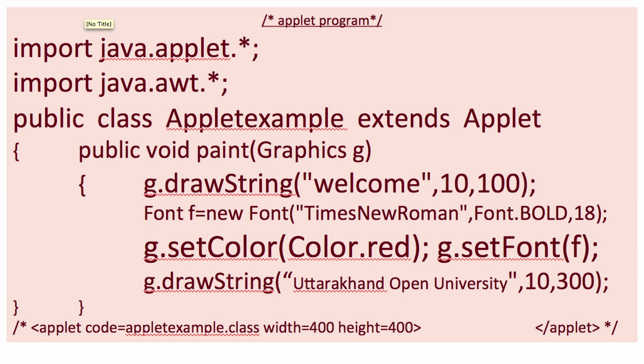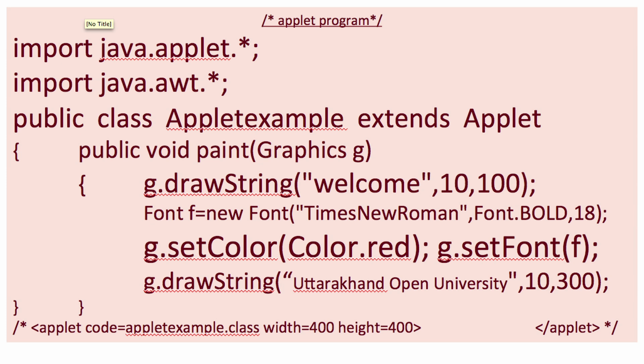However, in the first statement this color will not apply, because at that time we had not selected any color. And now the next statement, after the semicolon in the same line, is g.setFont(f). Here we are setting the font, and the font is configured in the second line: Times New Roman, Font.BOLD and 18. In this way we are setting the font.